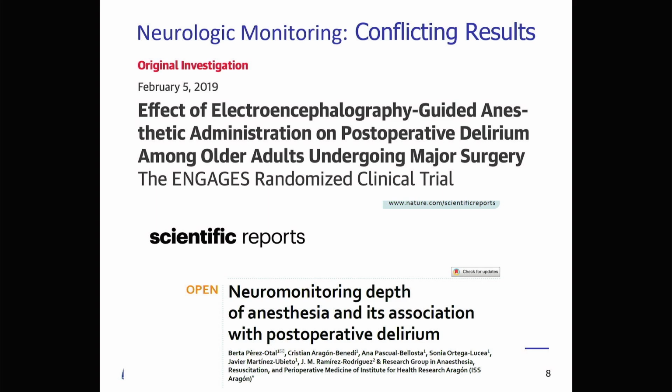The trials have been very difficult to parse out because essentially we have conflicting results. When we think about depth of anesthesia monitoring, I present here in your notes two trials that conflict in their results. One showed a suggested decrease in delirium with the use of depth of anesthesia monitoring.